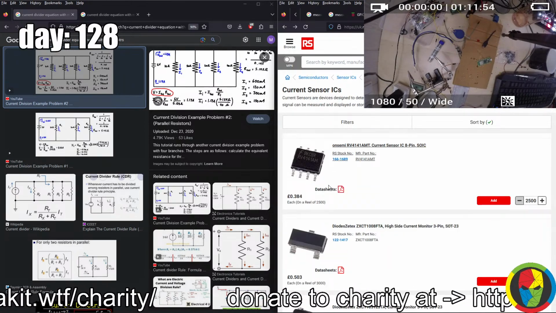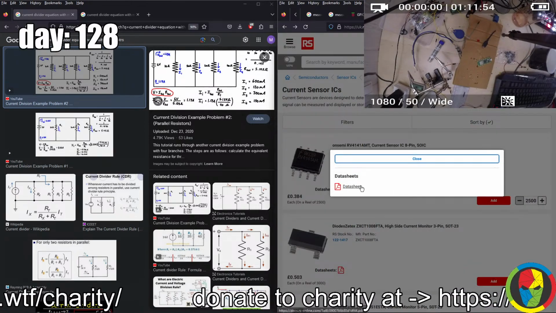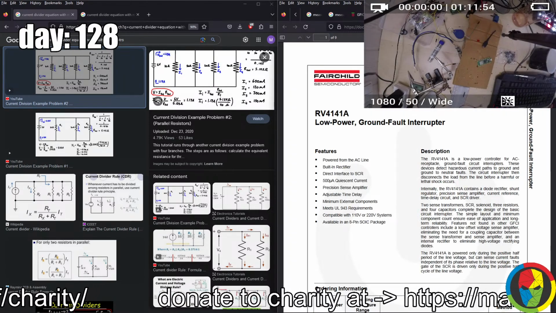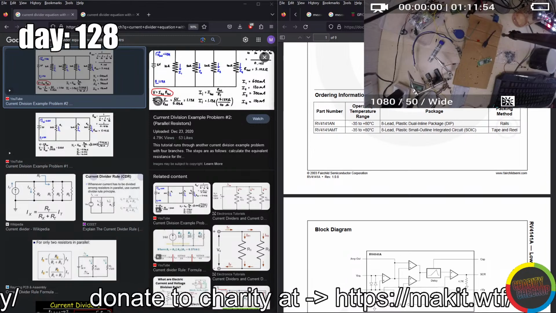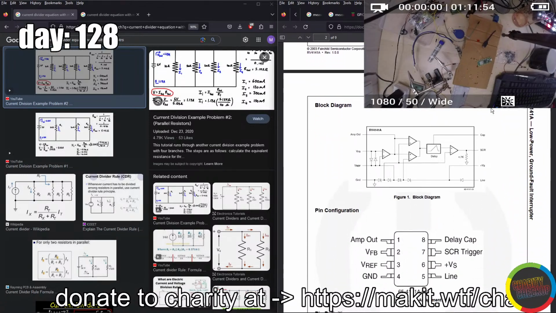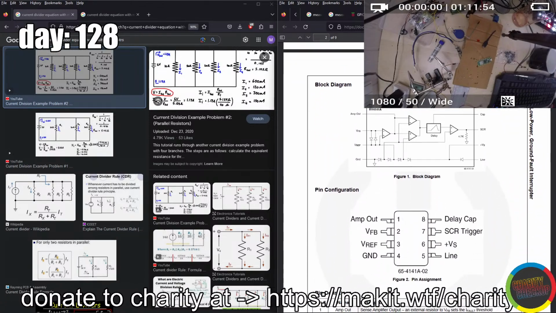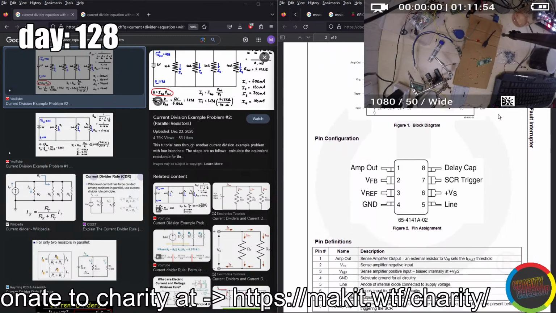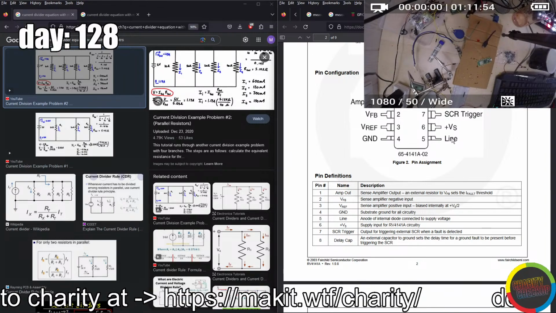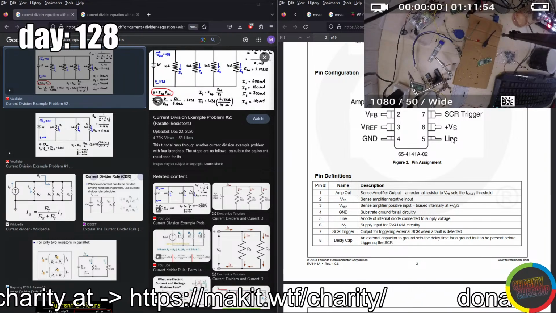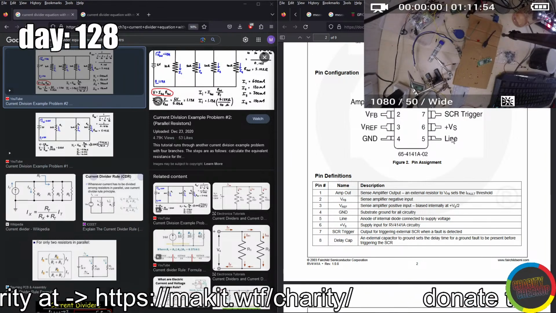Datasheets, I like that. Temperature range, solid. Output, an external resistor sets the threshold.